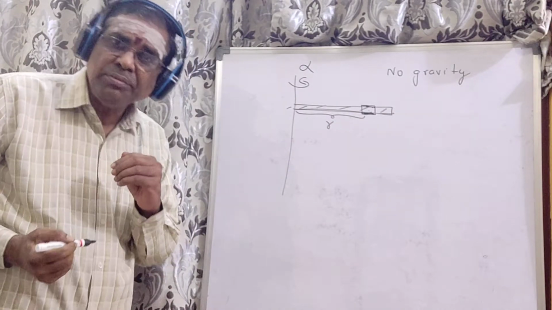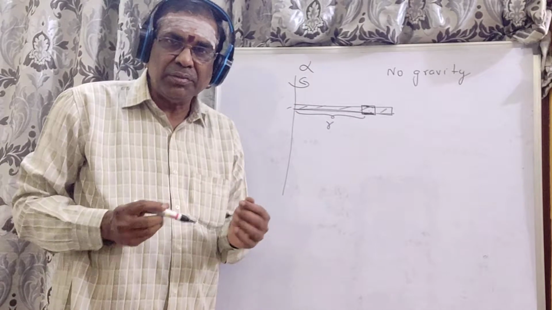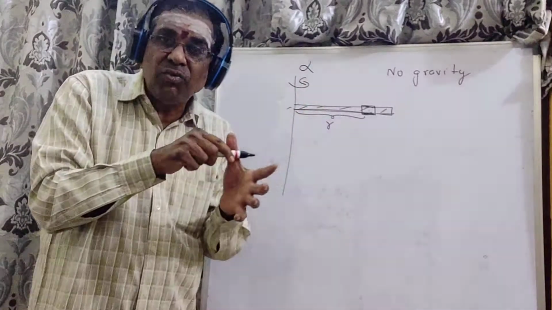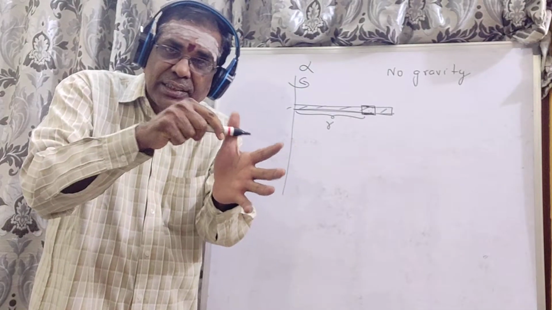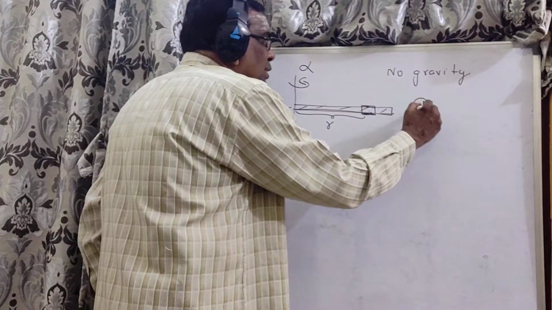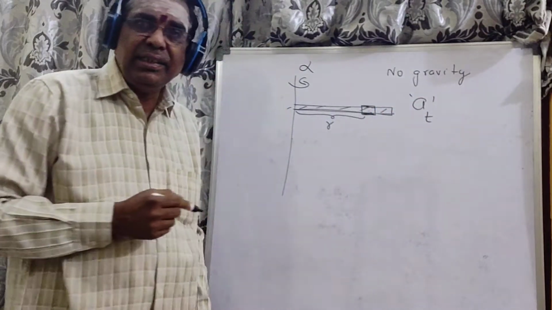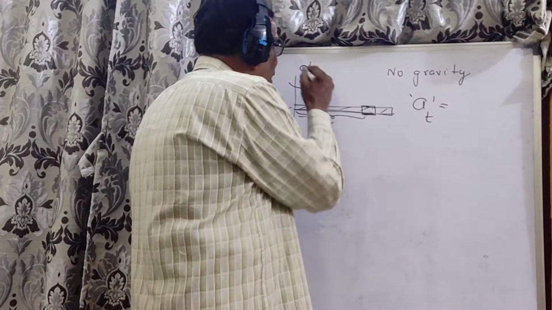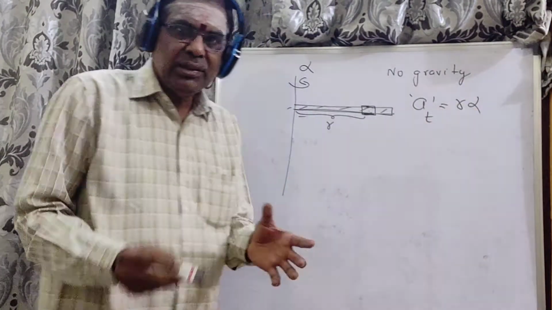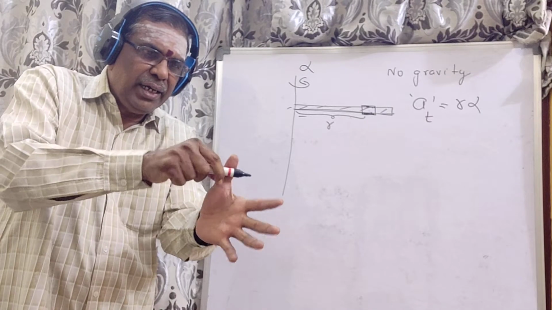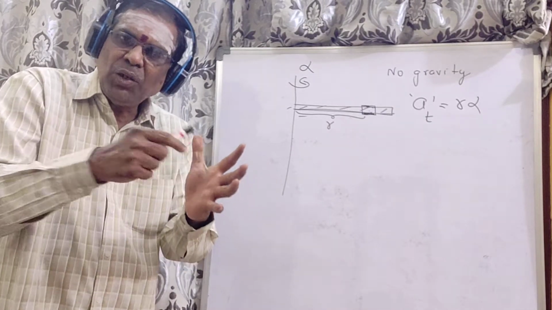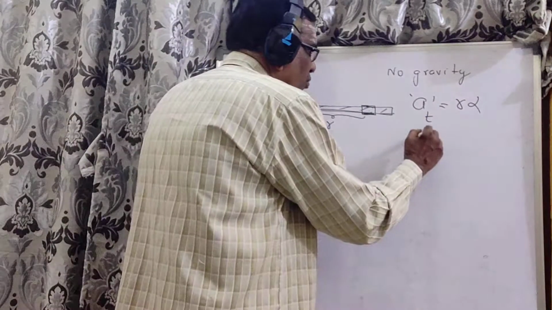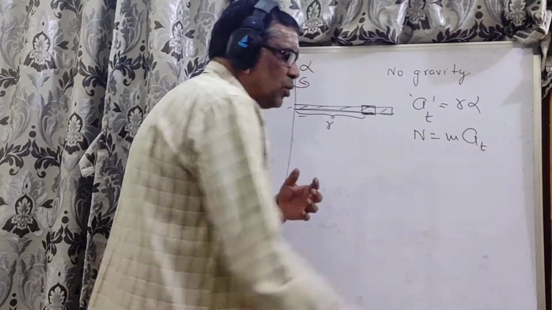You get my point? N is into the board. Why is it pushing? Because this is subject to alpha and therefore it is subject to a tangential acceleration AT. And what is AT? This is R and this is alpha. So with the AT it is subject like this. So the force is M, acceleration is AT, therefore N is equal to MAT.